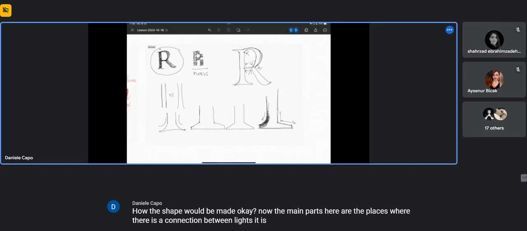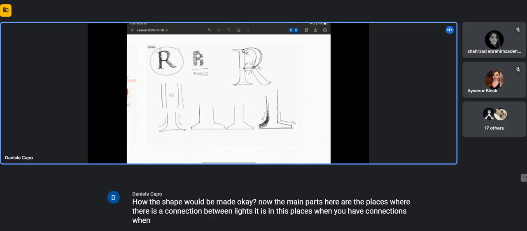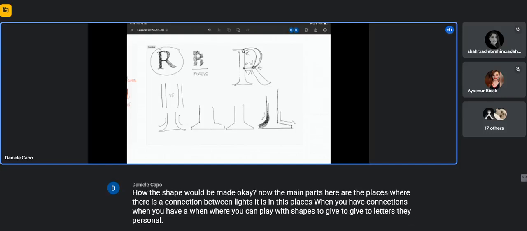It is in these places, where you have connections, that you can play with shapes to give letters their personality.